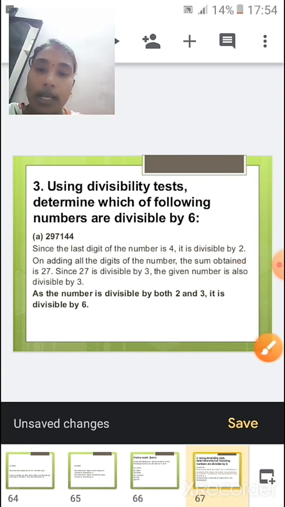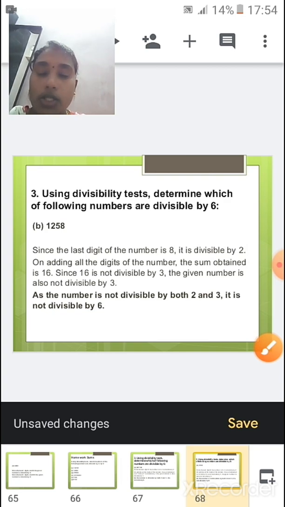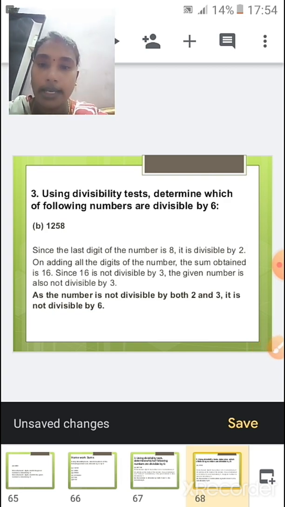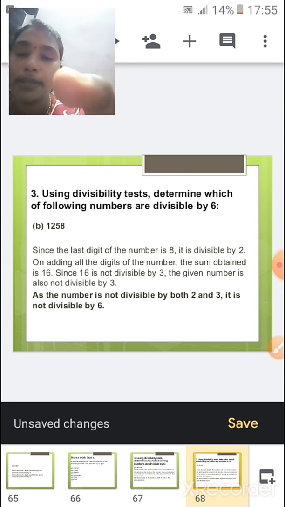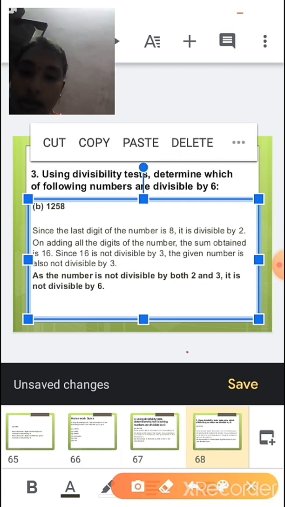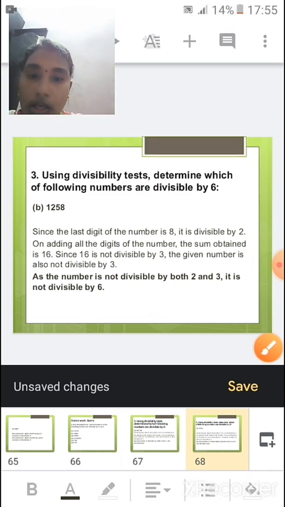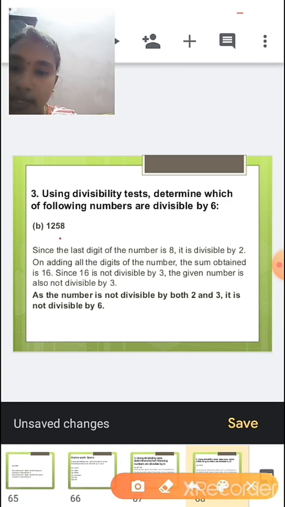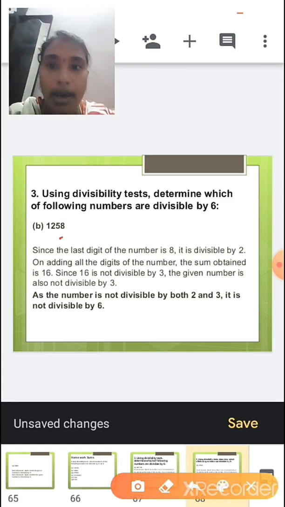So let us go to the next sum. It is a quite easy sum. You have 1258. So what you have to check first? The number that is present in the ones place. So you have 8 in the ones place. So it is divisible by 2.